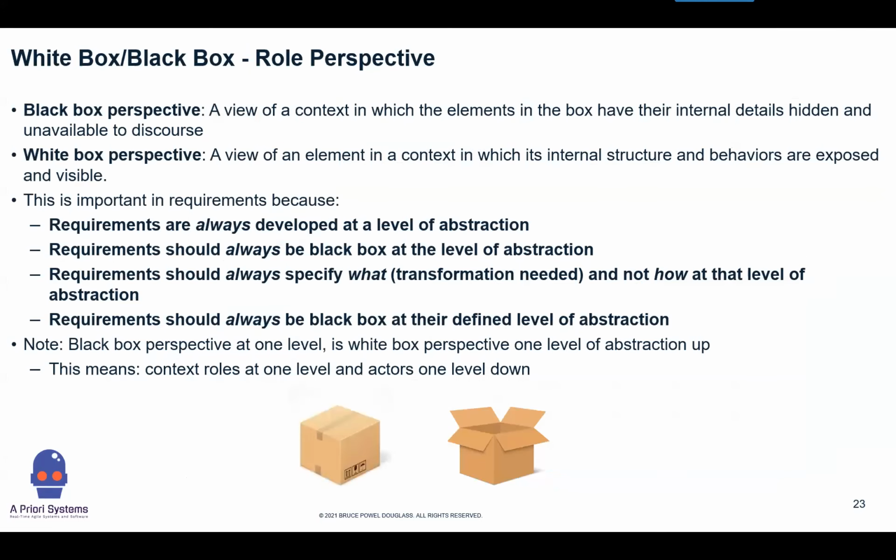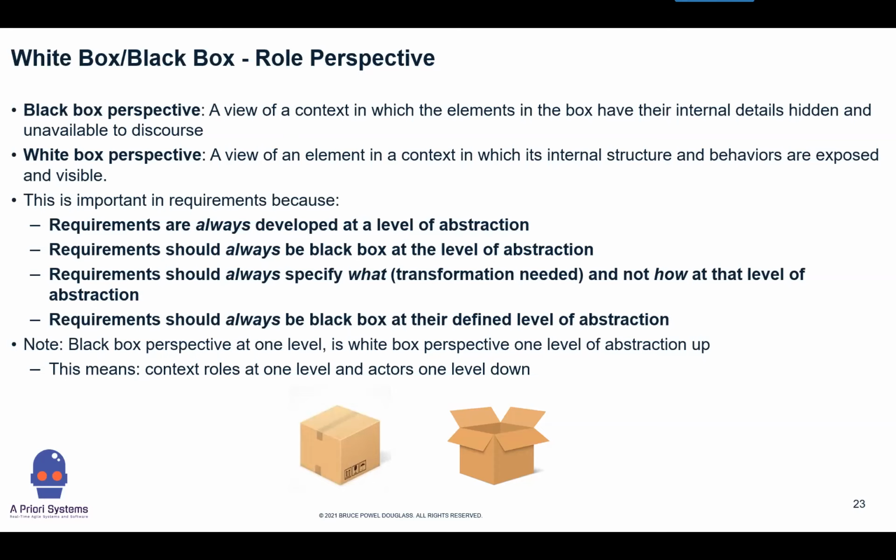And the last topic here is talk about white box, black box. It's really important to understand what you can see at your given level of scope. And a big problem with coming up with requirements is that people don't adhere to the rules. They peer inside the design and say, oh, I know there's a reverse biasing diode here.